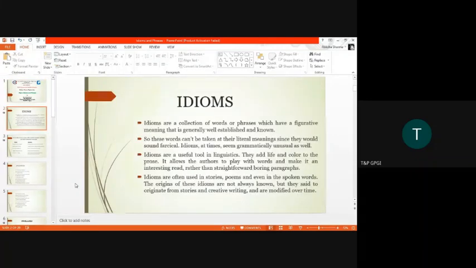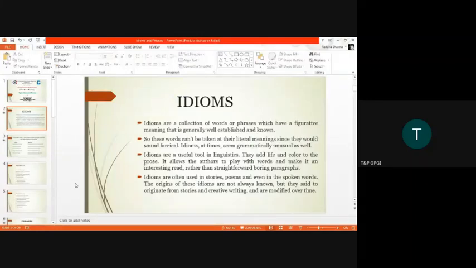What are idioms? Idioms are a collection of words or phrases which have figurative meaning. Figurative meaning means it represents some figure. It is established already. People know about it. It's not new to people.